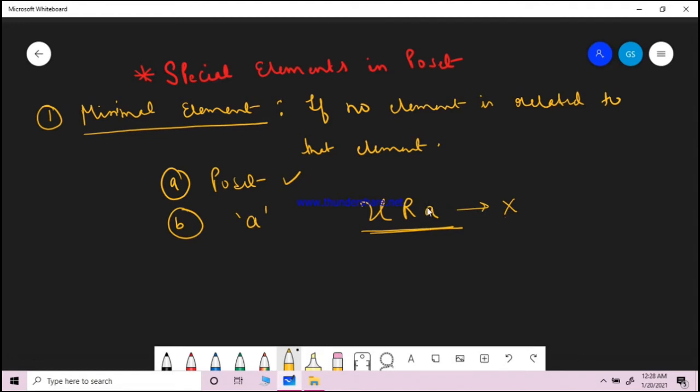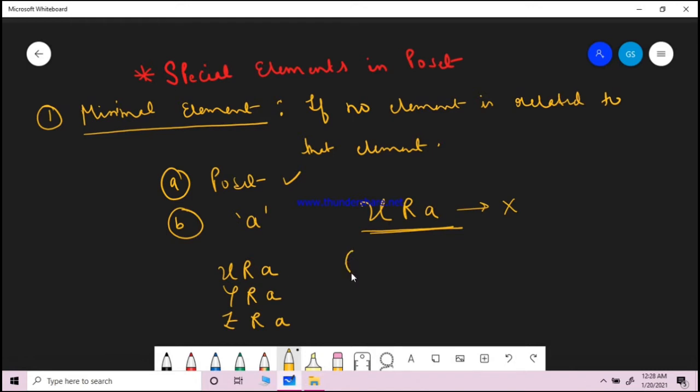How can you identify this? Whenever you write that X is related to A, or Y is related to A, or Z is related to A, any element that is related to A, A is on the right hand side.